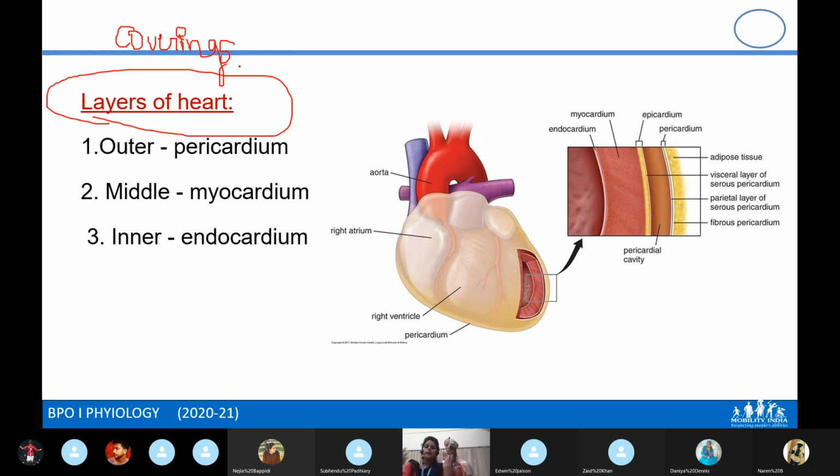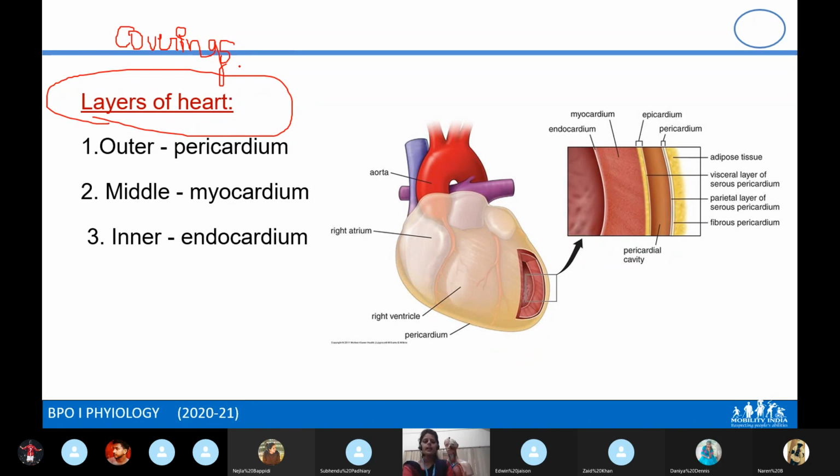It's like your internal structure of the body is well protected. How? Because there is skin, there is bone, all covering your internal organs. Similarly here, the heart, the inside which has blood, everything is protected by layers or coverings.